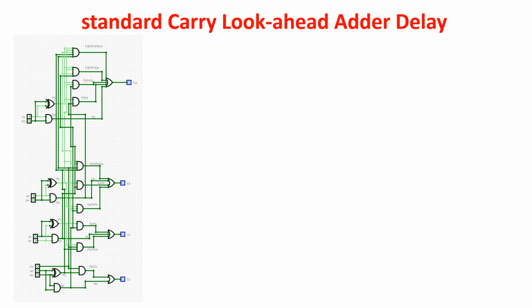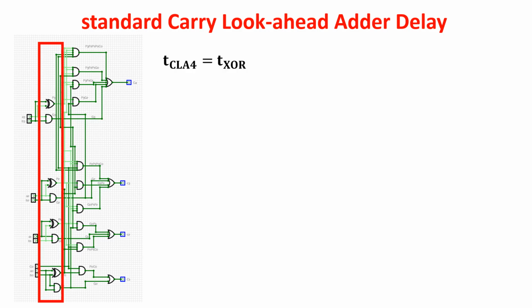So now we are able to estimate better the 4-bit carry look-ahead and its delay. The first stage is composed of XOR and AND gates working in parallel to produce the propagation and generation bits. This stage takes the XOR time. The second stage is composed of AND gates working in parallel, and the slowest is the AND gate with 5 inputs, taking 44RC time.